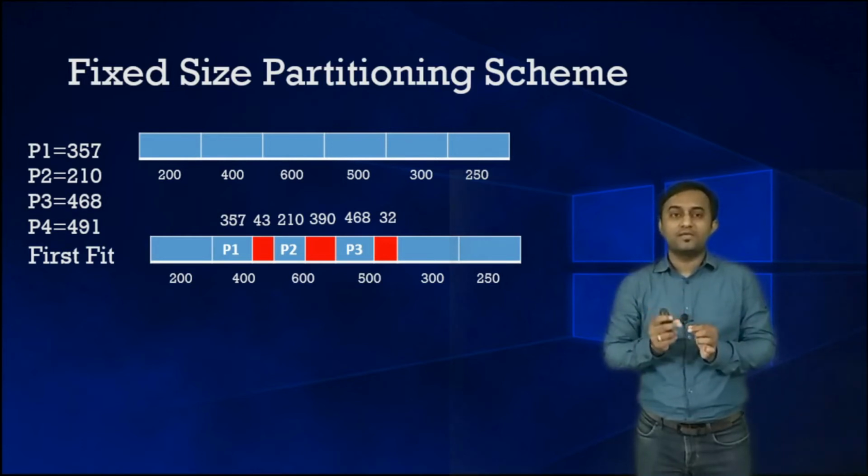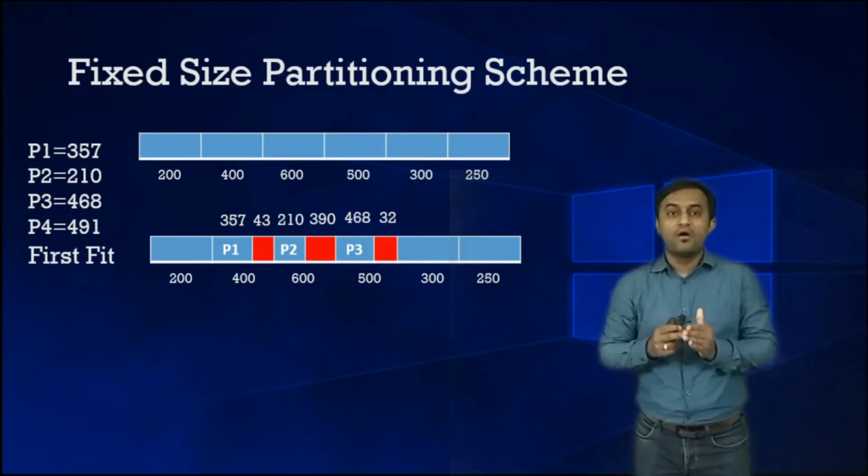The third request, P3, requires 468 KB. Again we will start searching from the initial position. The first block contains 200 KB. Is it sufficient? No, it is not sufficient. So we will switch to the second. The second is already occupied, the third is already occupied. The fourth one contains 500 KB, so 500 KB can easily accommodate the process P3.